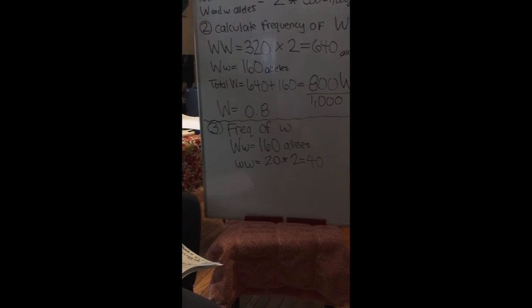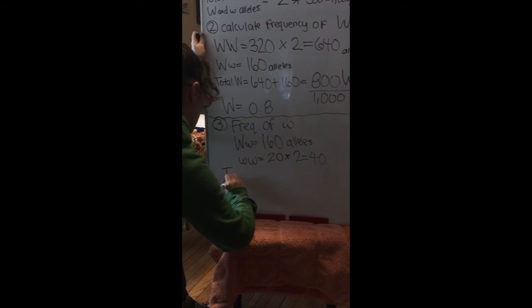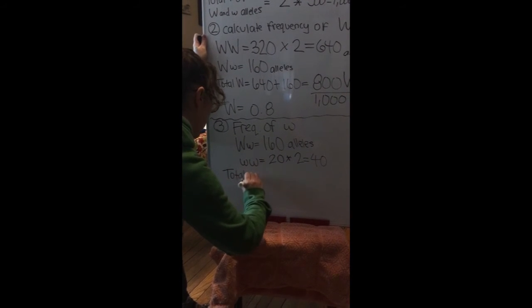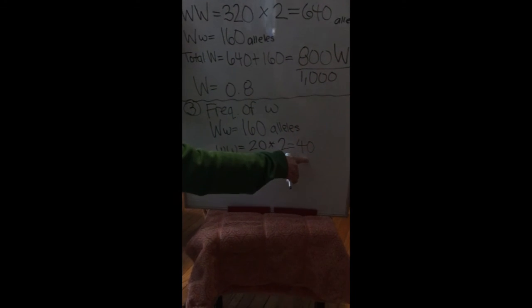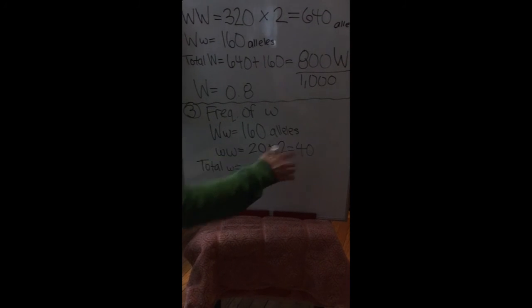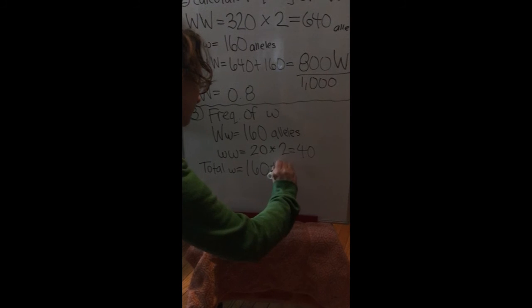So to know the total number of the recessive alleles, you add up these 2 values, 160 plus 40, and then therefore you get 200 alleles.